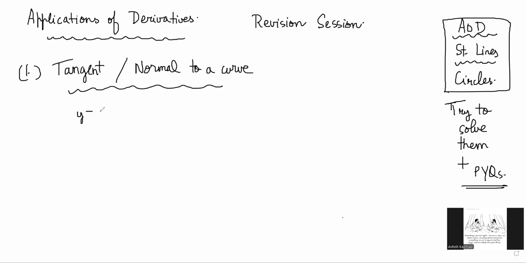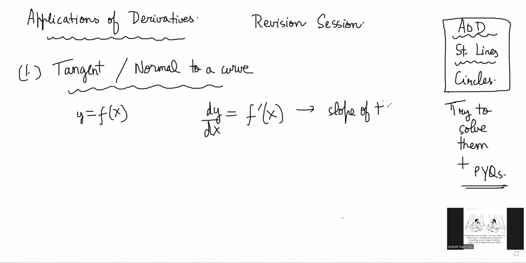If you have y is equal to f of x, then dy by dx, or f dash x, is basically the slope of the tangent to the curve at a particular point.